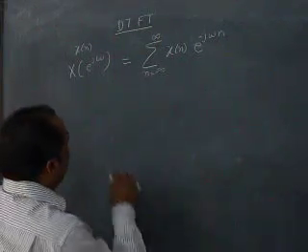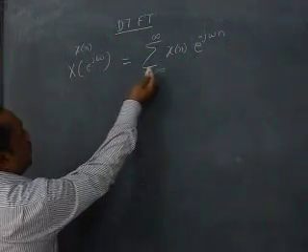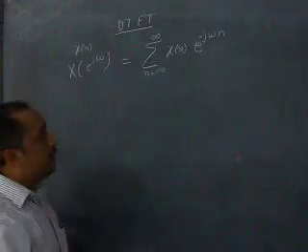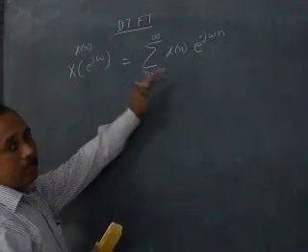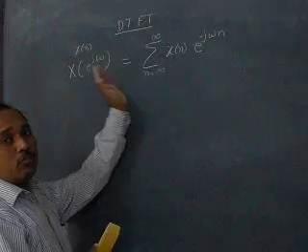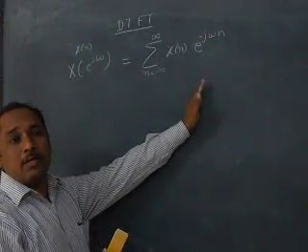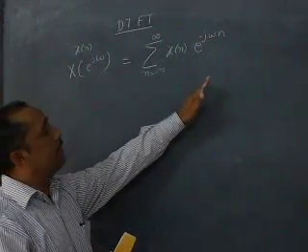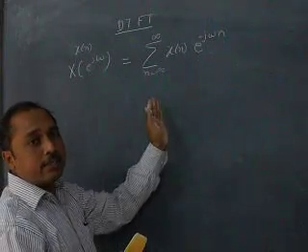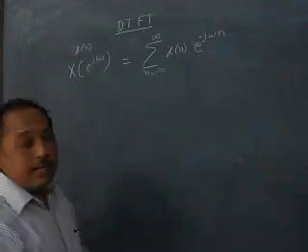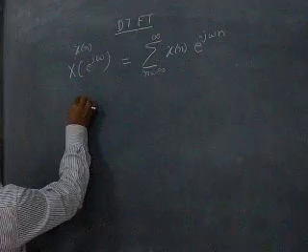Now for the purpose of the analysis, first the signal will be transformed into the frequency domain, and suppose after processing we are interested in reconstructing the signal x[n]. Then how will x[n] be reconstructed?